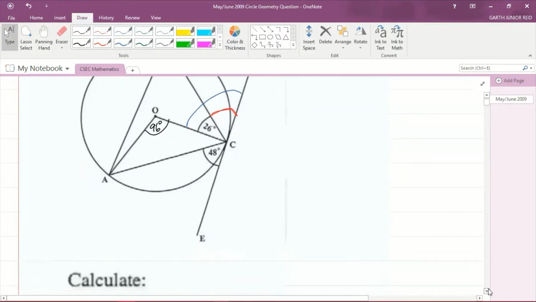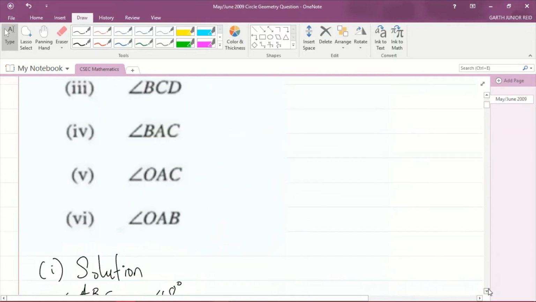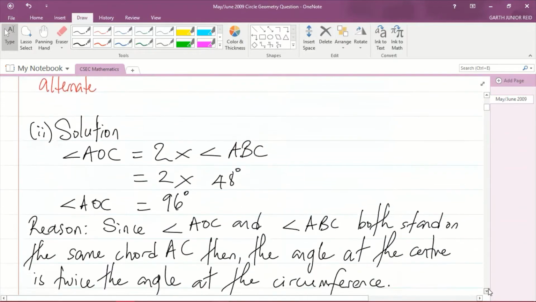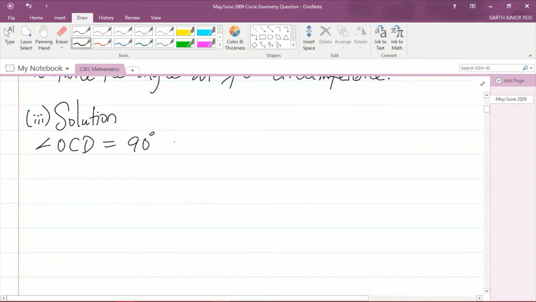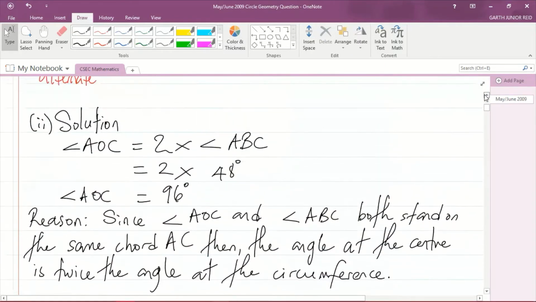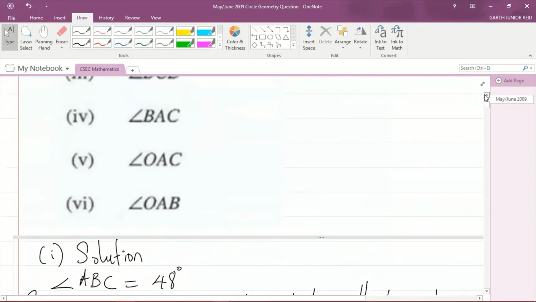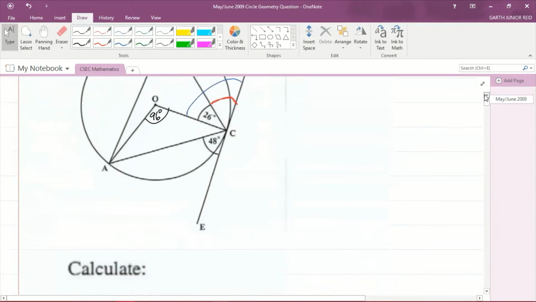So let me now do part 3 solution here, all right? So we are saying that the angle OCD is equal to 90 degrees, and the angle BCD is what we're trying to find, right? I just look back at it.